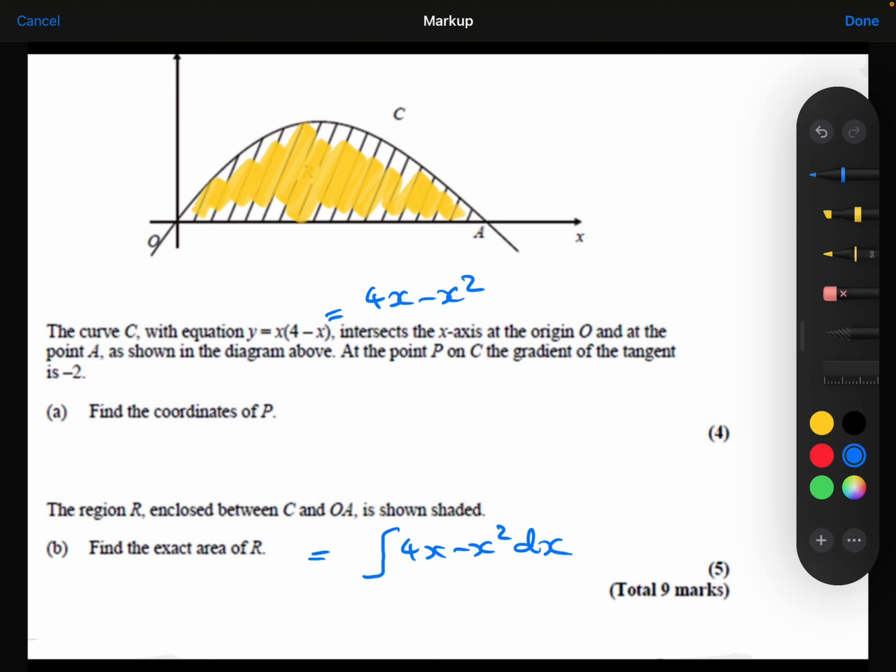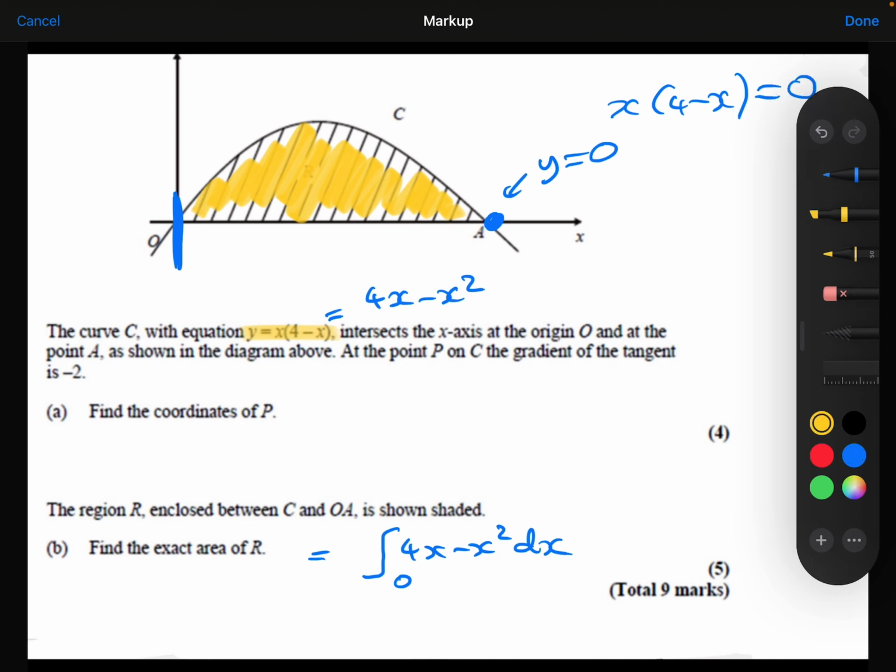Our lower limit of integration is 0. The upper limit of integration here, I'm not sure what that is at the moment, but I can work that out because I know at this point here y is 0. So let's take my y function, x times (4 minus x), and when does that equal 0?